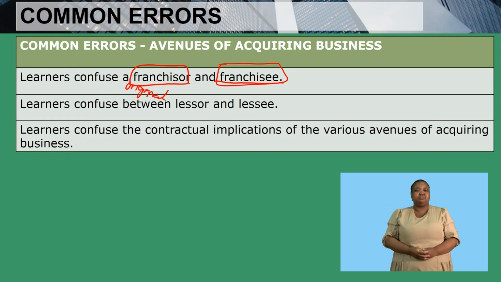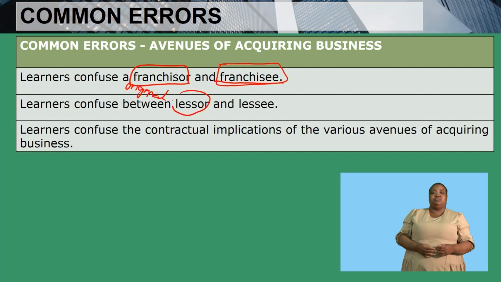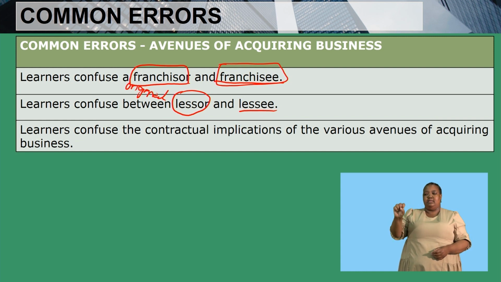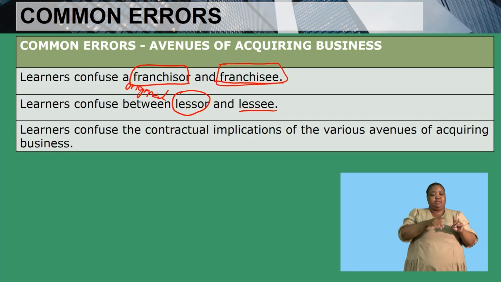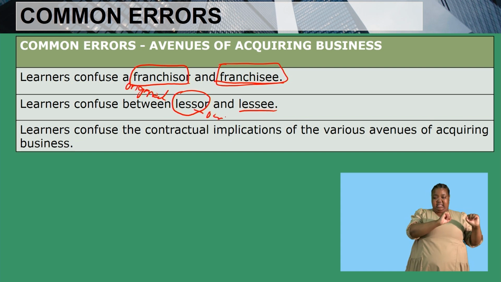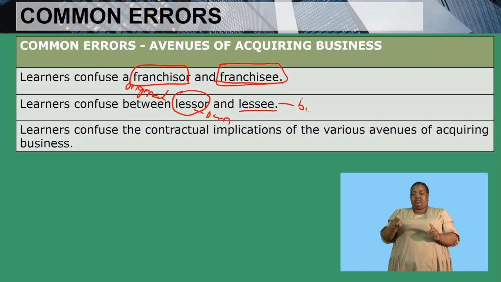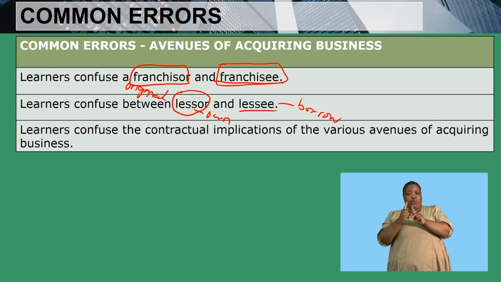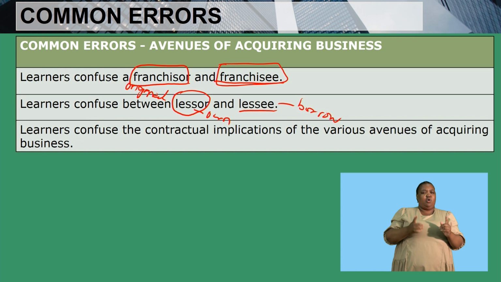Then you can also confuse what a lessor and a lessee is. It is similar to the first part. A lessor is someone that gives you their assets, so they own it. A lessee is the person that is borrowing the asset to pay back or to return at a later stage, depending on the terms and conditions.